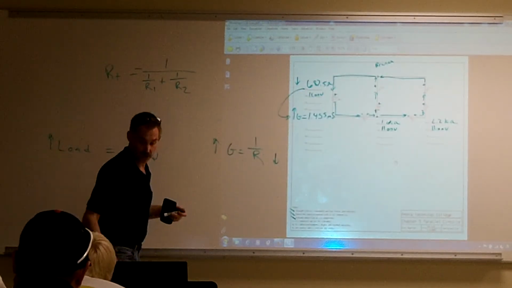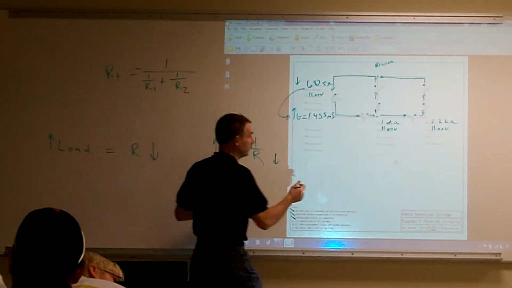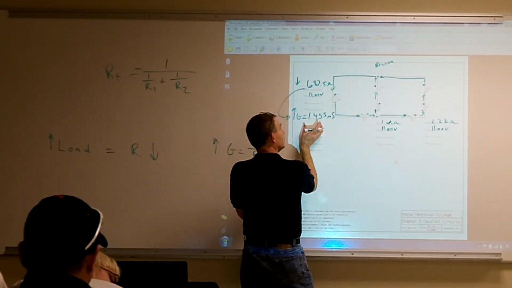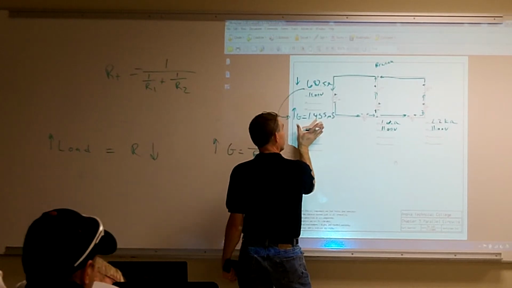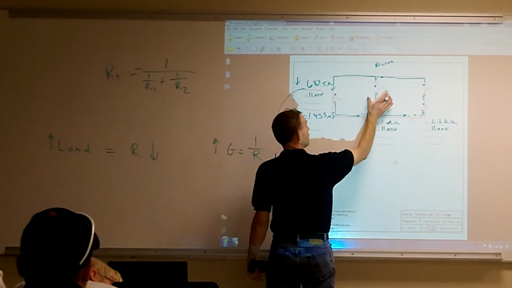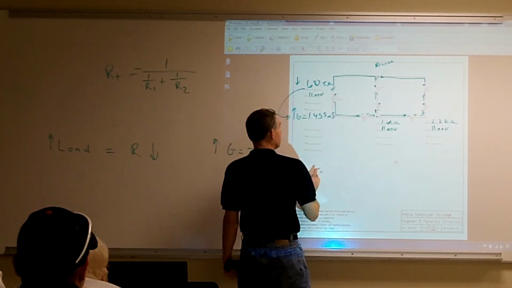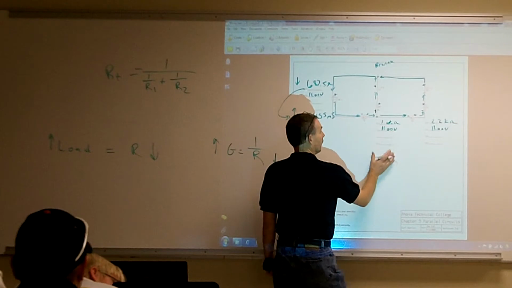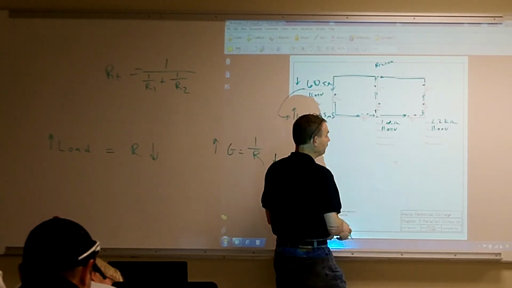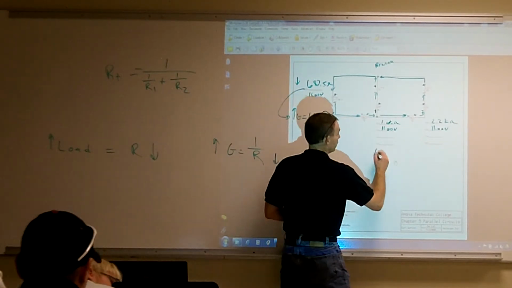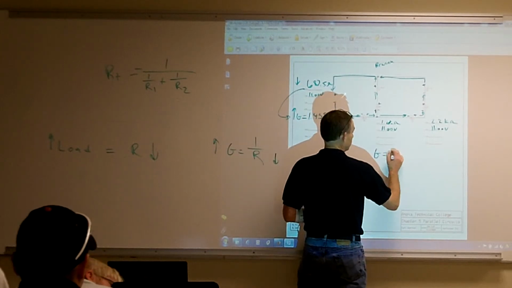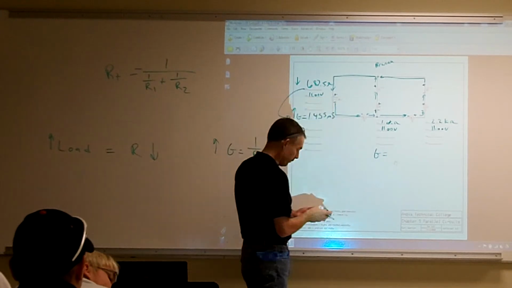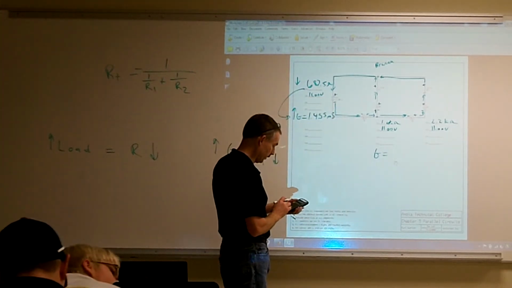Let's continue on. Here's another thing, because there's going to be a question that gets a little bit tricky, where there's a missing value in one of our branches. So what is my conductance of branch 1? What's the inverse of my 1 kilo? What do I get for my conductance for 1 kilo?